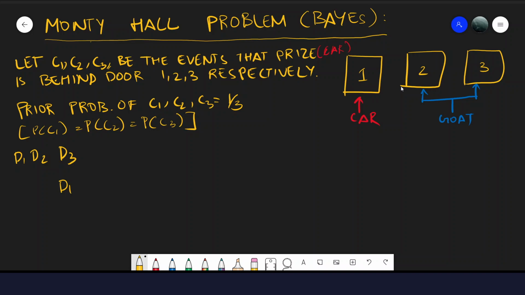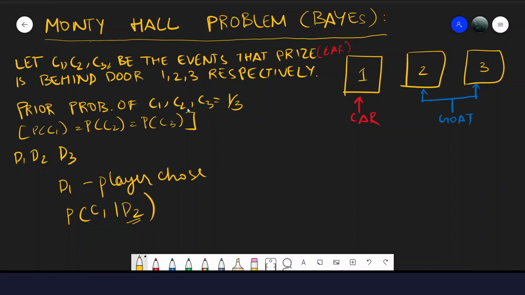Now we would like to calculate the posterior probability, P of C1 given D2. That is the probability that the car is behind door 1, the door initially chosen by the player, when Monty has provided the additional information that there is a goat behind door 2.